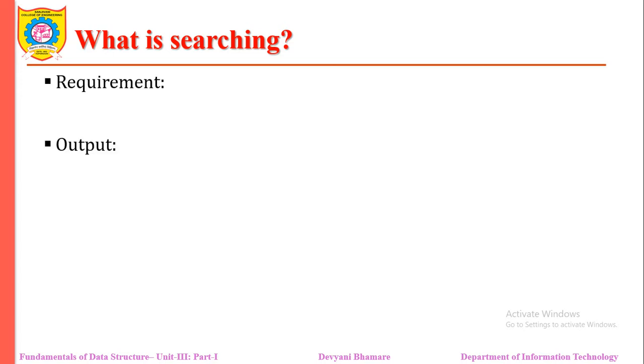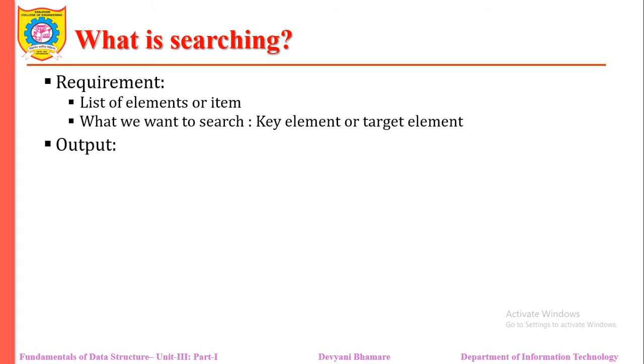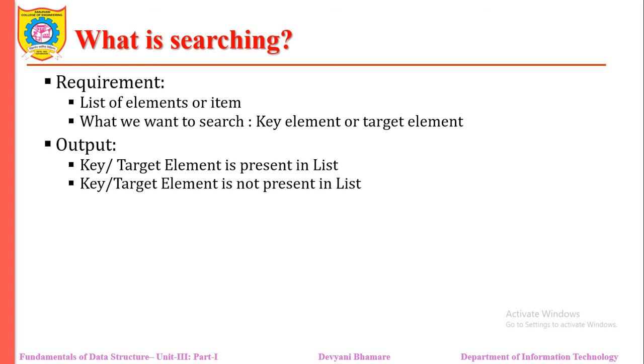In searching, the requirement is that we must have a set of elements. Then we also need the element we want to search, which is called the key element. The output we expect is whether that key element, or target element, is present in the list or not. The search can be on an ordered list or on an unordered list.